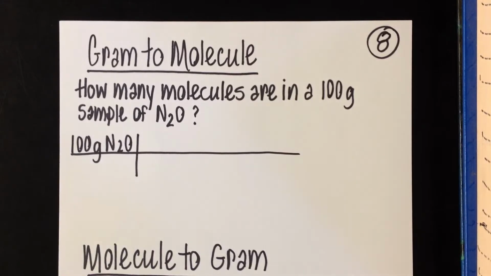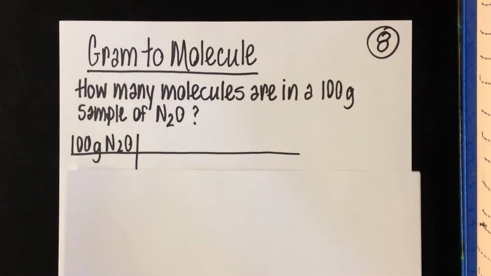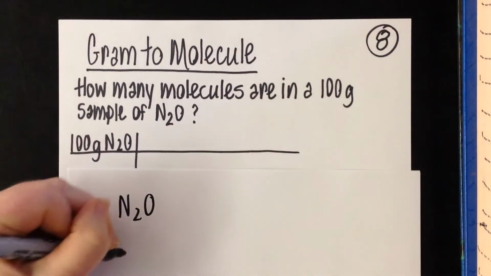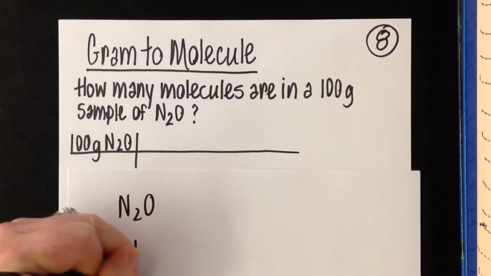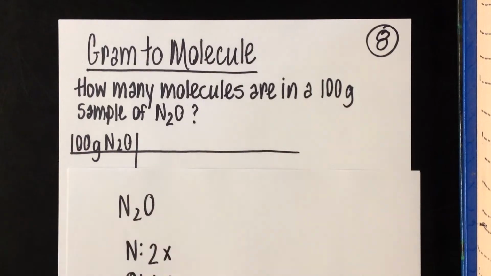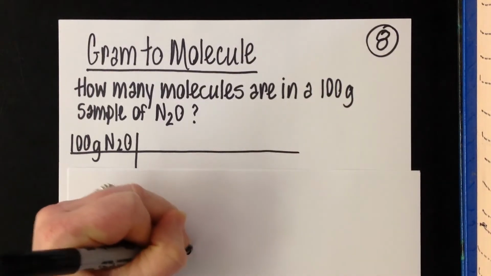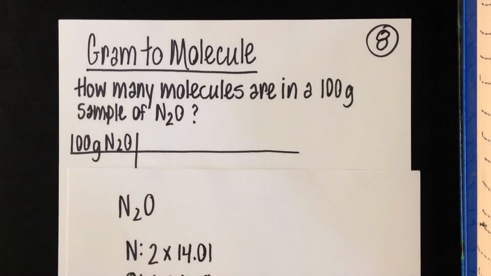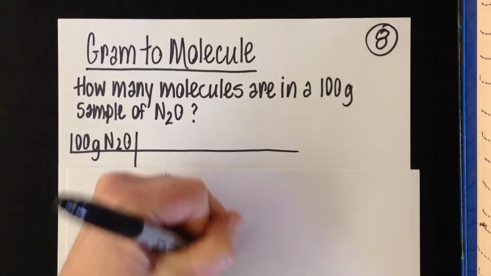So on a separate sheet of paper, we'll just go ahead and do that in case anyone's unclear on how to do it. When you have N2O, you have 2 N's and 1 O, 2 nitrogens, 1 oxygen. The mass of nitrogen is 14.01. The mass of oxygen is 16.0. I'm not putting units here because this is just my scratch work.